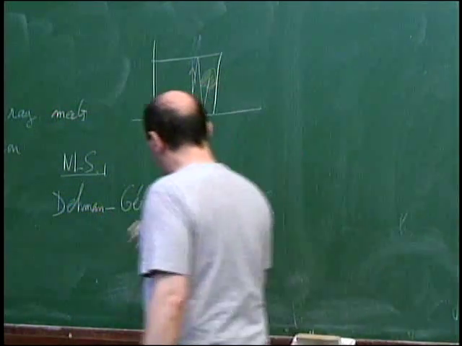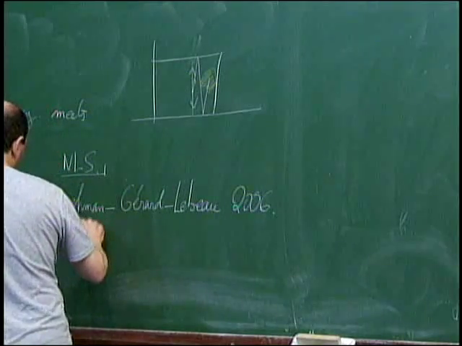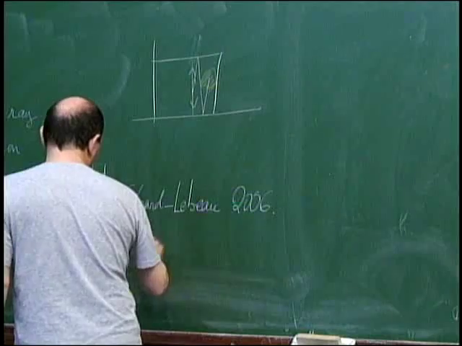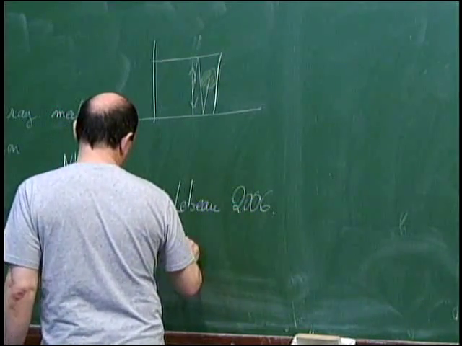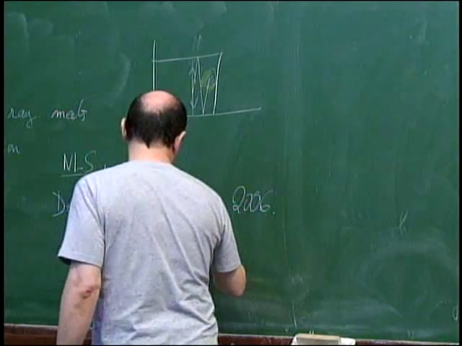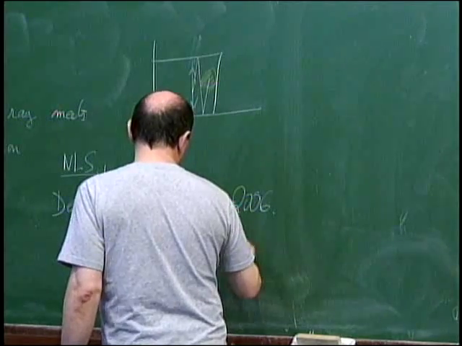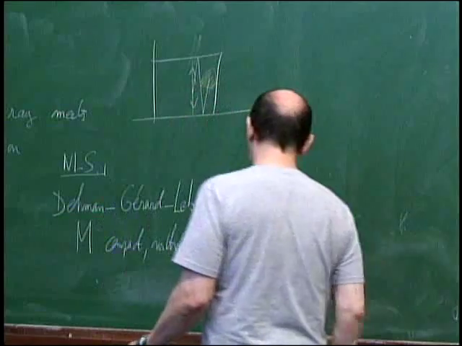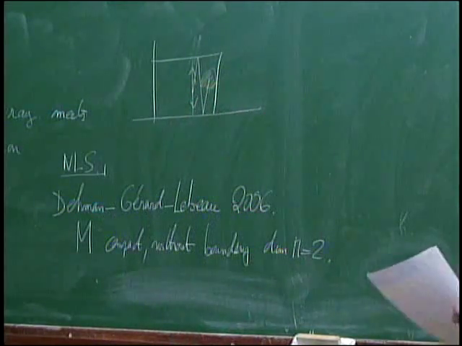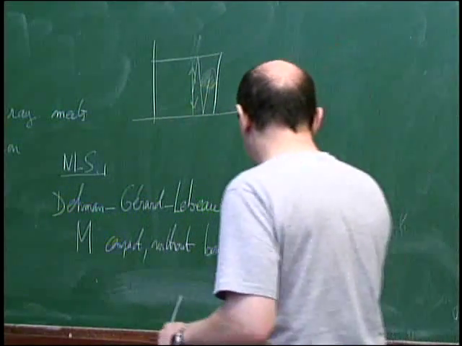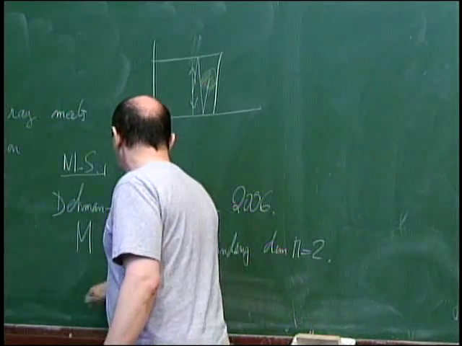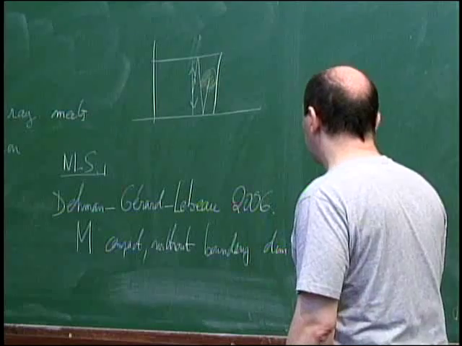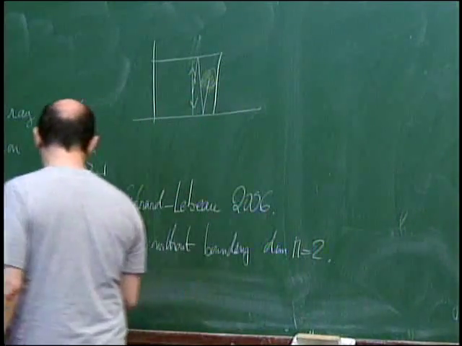And their result was for a manifold which is compact, without boundary, and of dimension 2. Okay, so they proved the exact controllability and also the global stabilization of some semilinear Schrödinger equation.